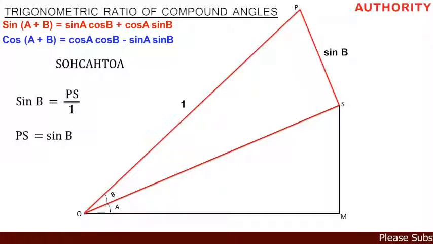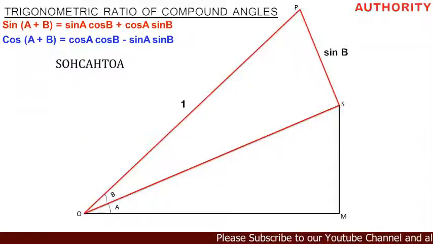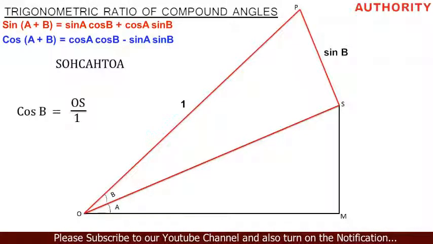Let's find line OS. You discover that line OS is the adjacent. So we can make use of cos B. Cos B is going to give us adjacent over hypotenuse.